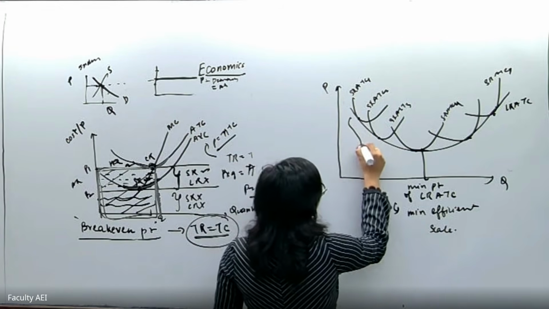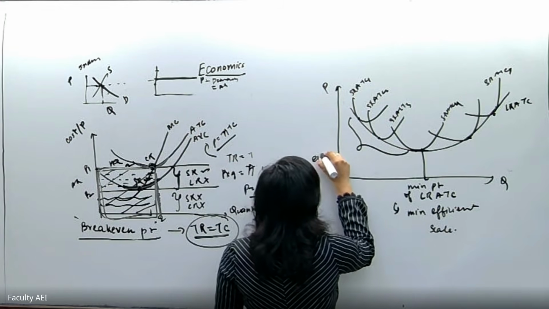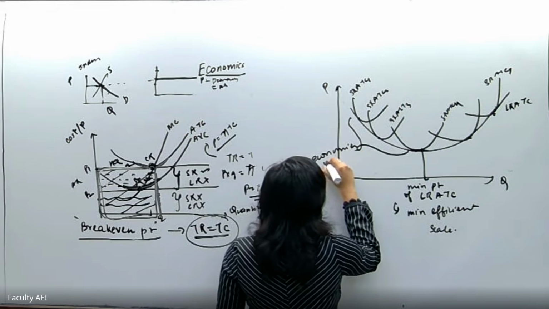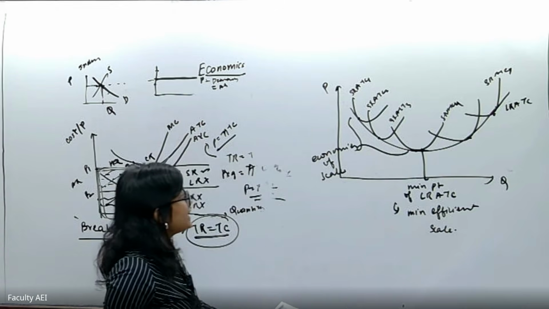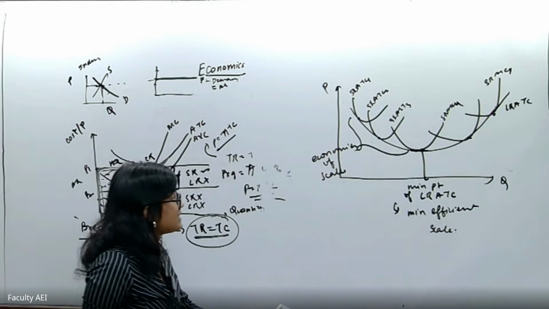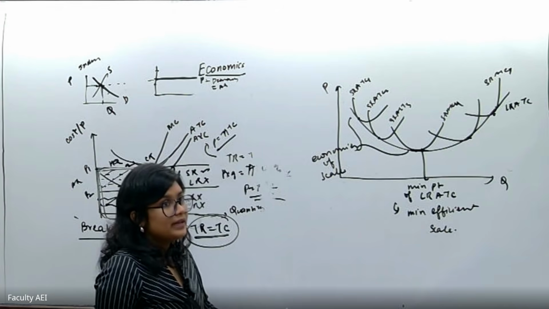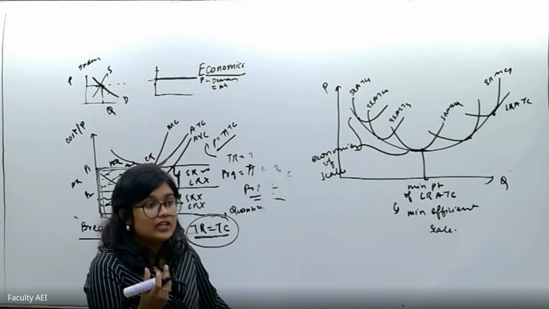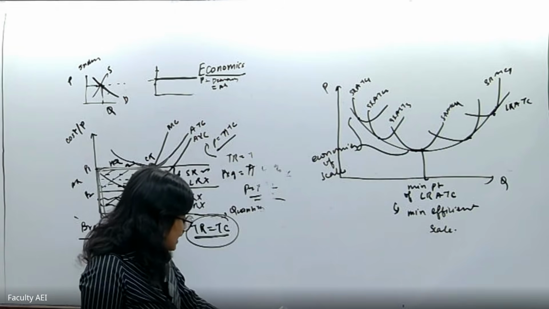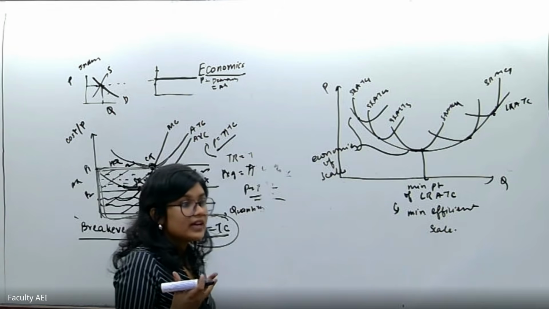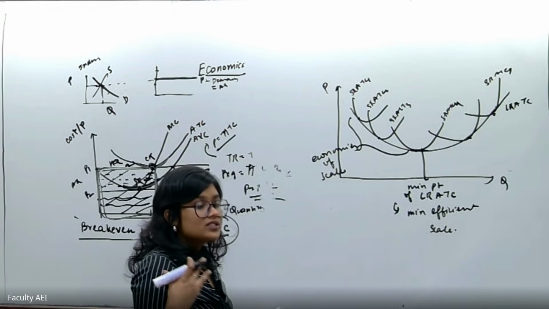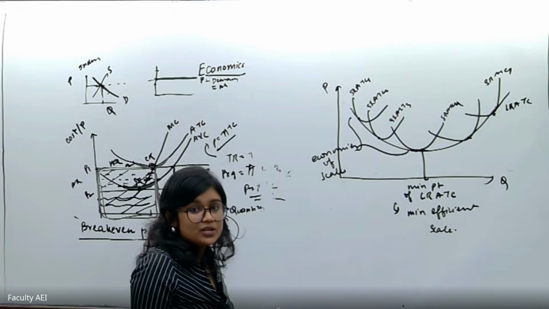This downward sloping part represents economies of scale. That is, as the quantity increases, the cost goes on decreasing, because maybe the labor was not utilized that much earlier. The labor is utilized perfectly, and there is good cooperation between everything in the firm.